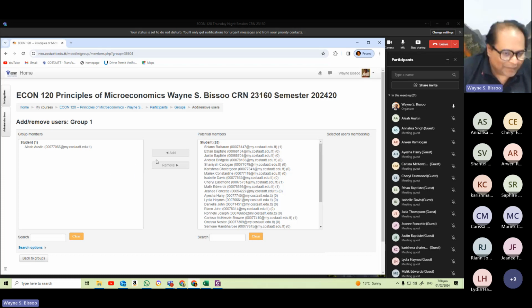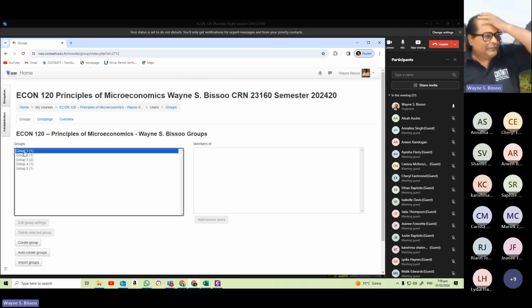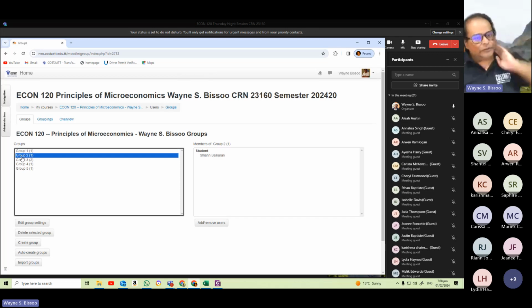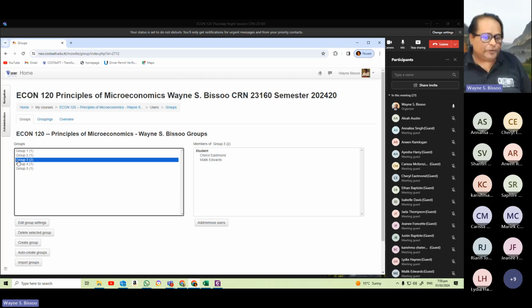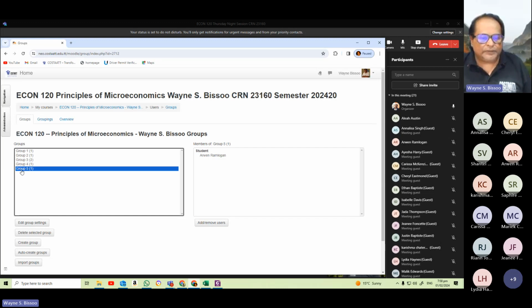All right, so let me go back to the groups and give you all a chance to think about who you want to be with. So group 1 is Aliyah, group 2 has Miss Balkaran, group 3 has 2 people already, Malik and Cheryl. Group 4 is Carissa, and group 5 is Miss Ram Logan.